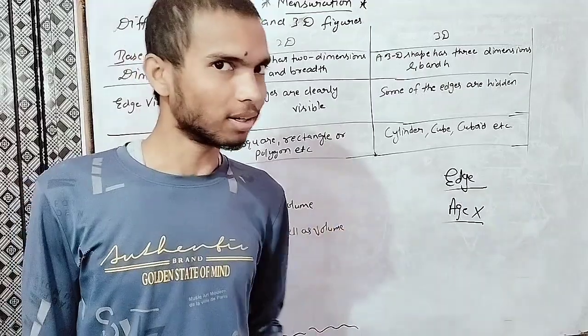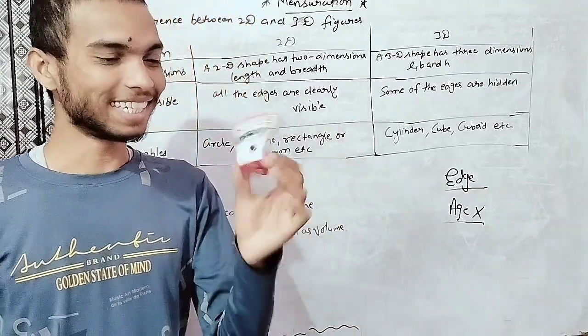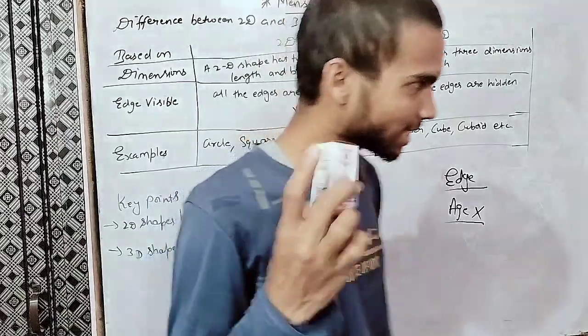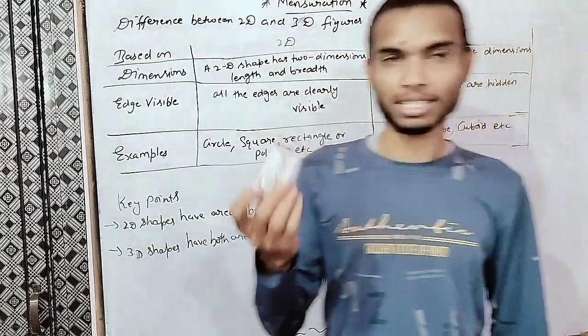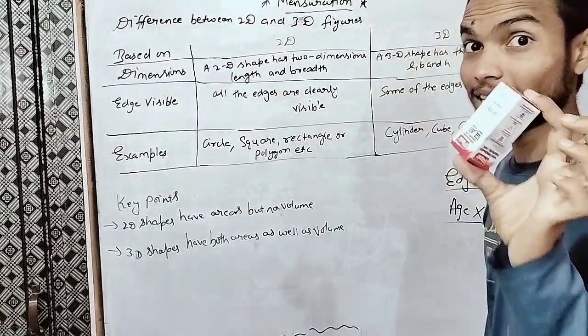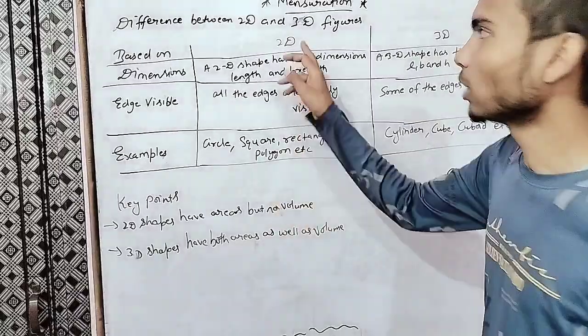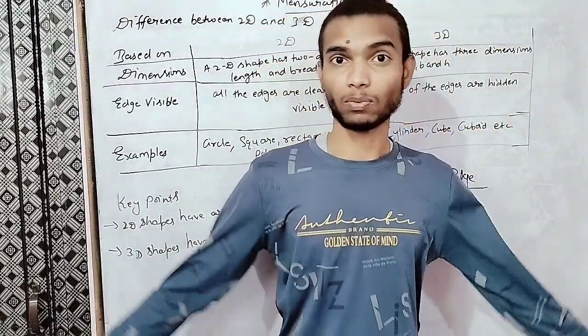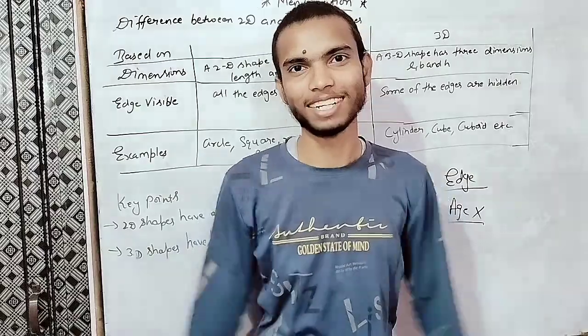For example, this is a 3D. Did you notice whether this is 2D or 3D? This is a 3D.